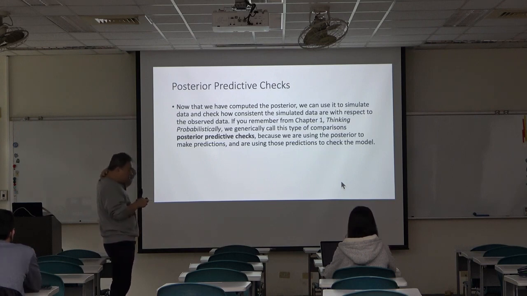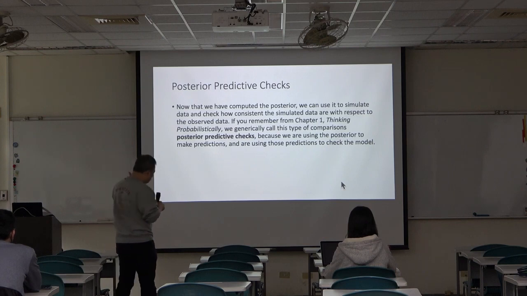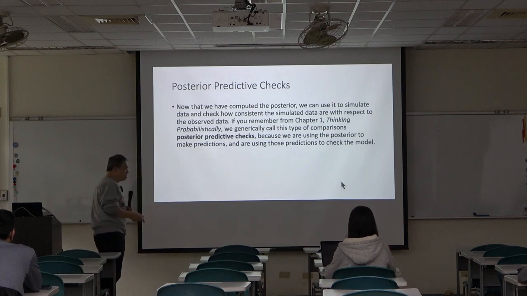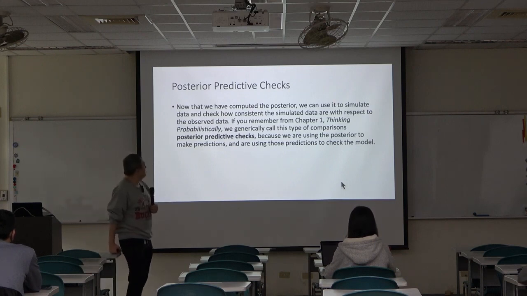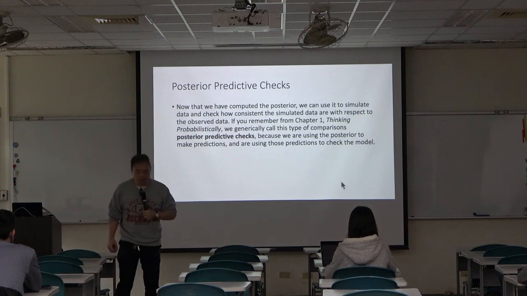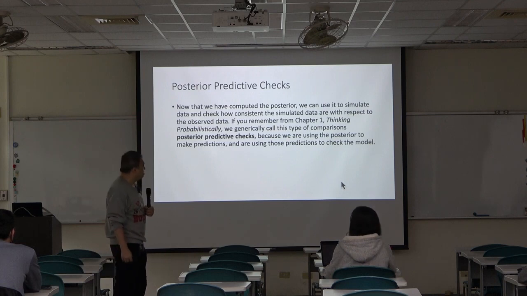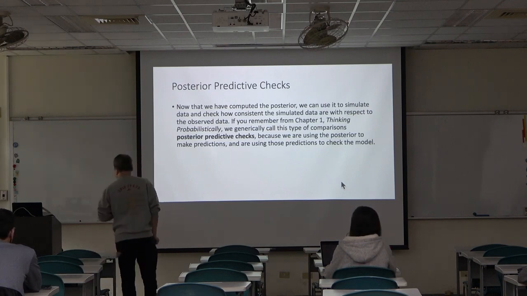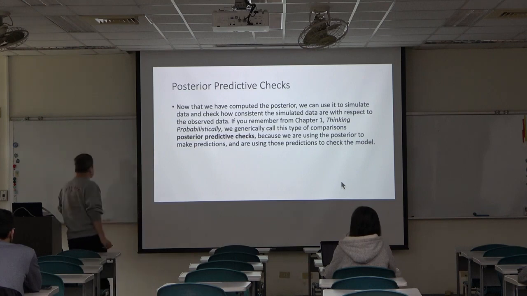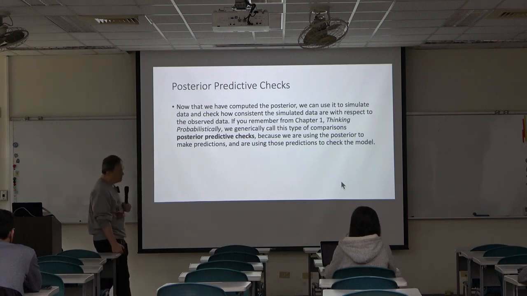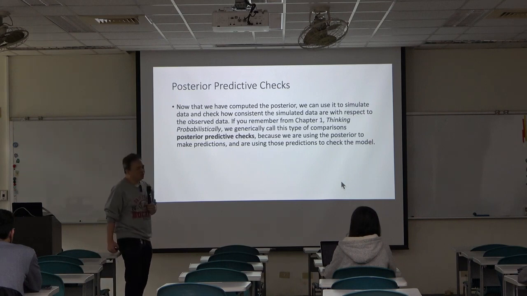We really didn't offer an example at that time because, to really do posterior predictive checks, we need a program, we need a computer to help. But now, in this chapter, since we now know PyMC3, we are able to do this posterior predictive check.